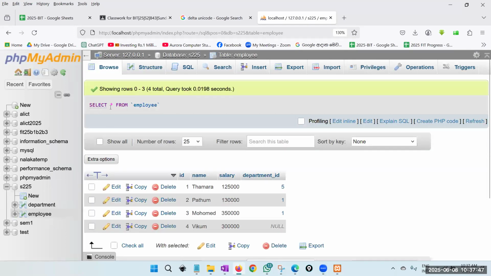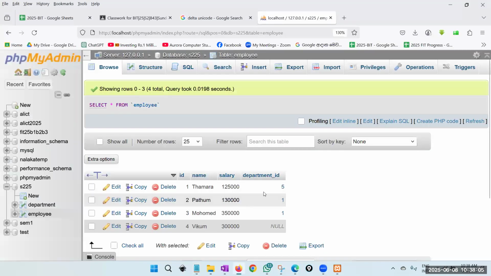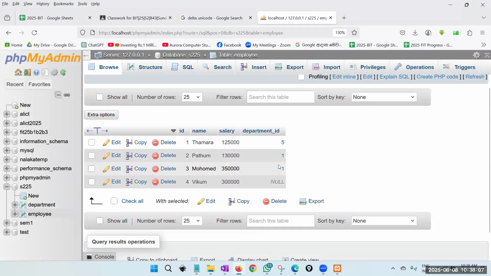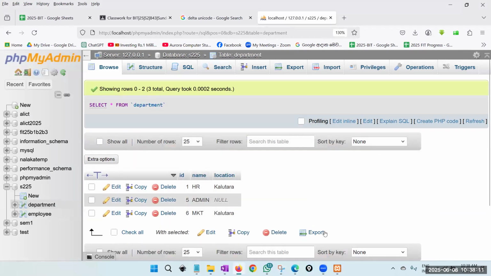The employee table has ID, name, salary, and department ID. So we are going to create a view on top of the employee table. Create view, let's say this is my department one. What is department one? Department one is HR.